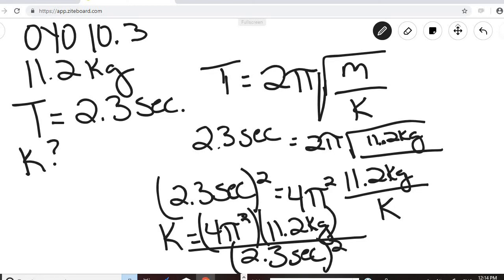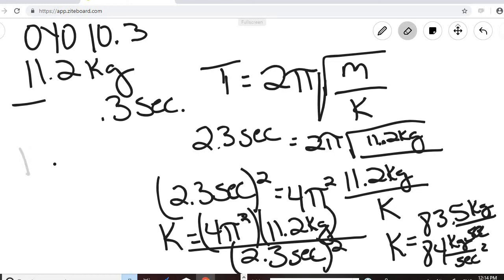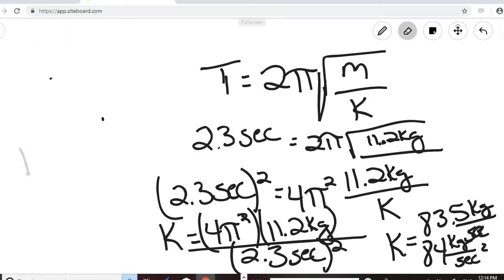With significant figures, I get that k is like 83.5 kilograms over seconds squared, if you do the math. So with two significant figures, we would say that's 84 kilograms over seconds squared. That's kind of an odd unit, right? We haven't seen that before. So let me show you why that's an okay unit.